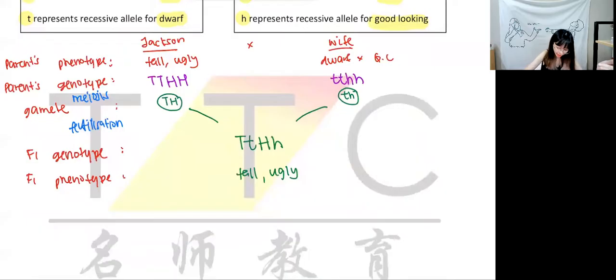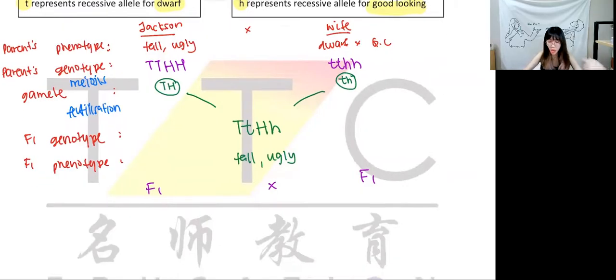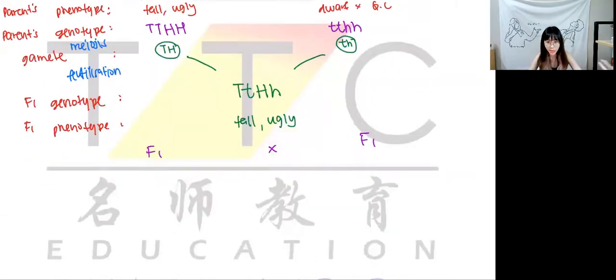So we have self-fertilization between F1 and F1. So we're gonna use a different color. F1, maybe I use purple color. F1 times F1. We call this self-fertilization, or self-pollination for plants. Self-pollination usually will be plants.